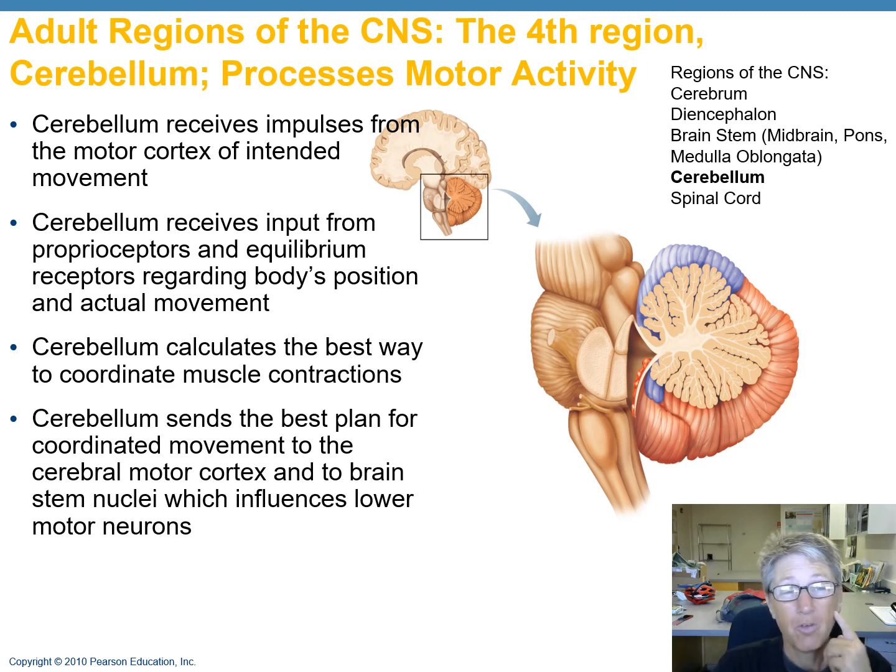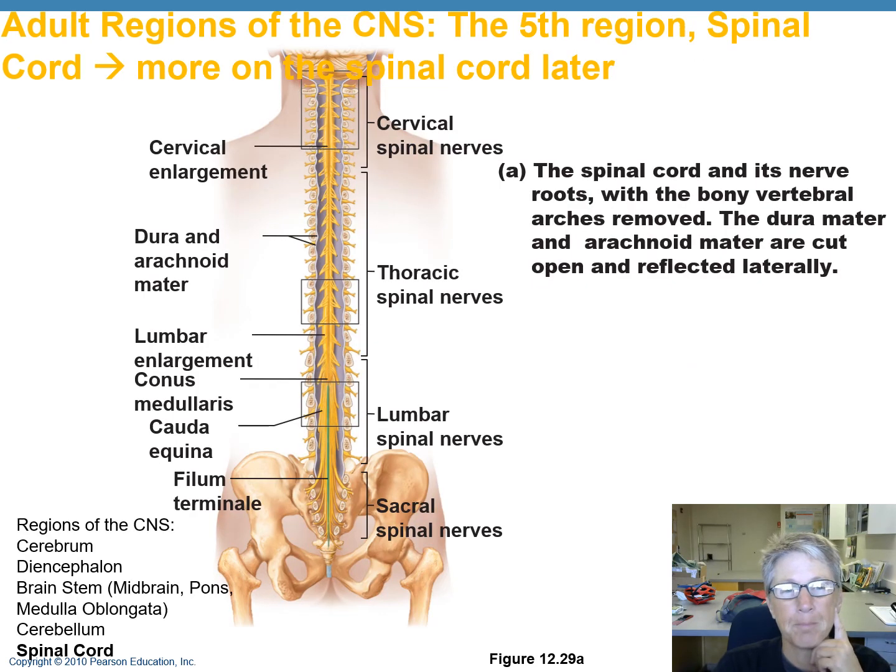And then the cerebellum basically plays a role in equilibrium and balance. The fifth region of the central nervous system is the spinal cord, but we'll do more on the spinal cord in another video within this chapter.